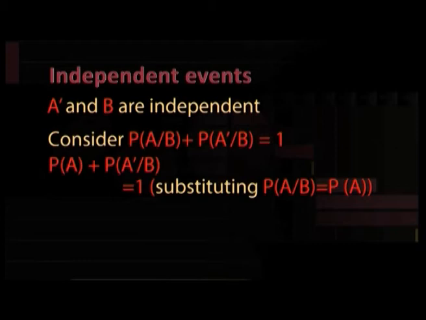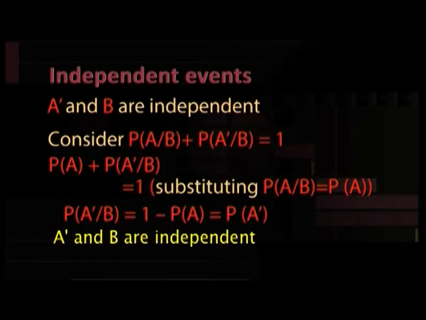Substituting, probability of A given B is equal to probability of A implies probability of A complement given B is equal to 1 minus probability of A, which is equal to probability of A complement. Hence, A complement and B are independent.